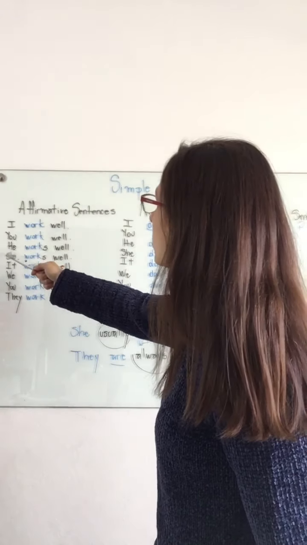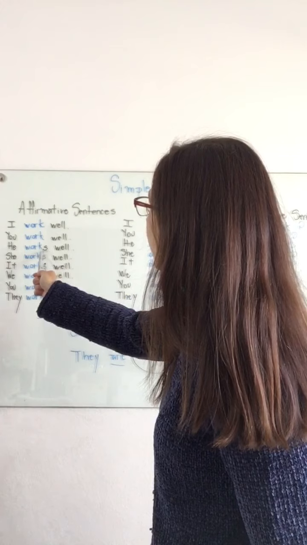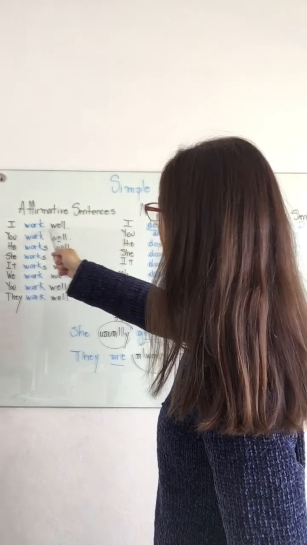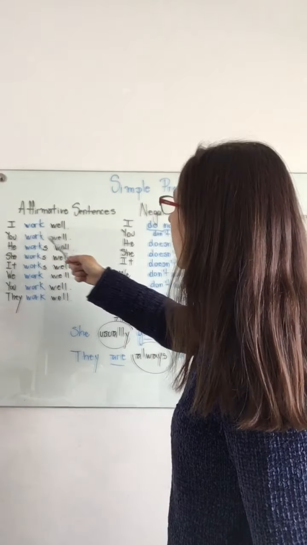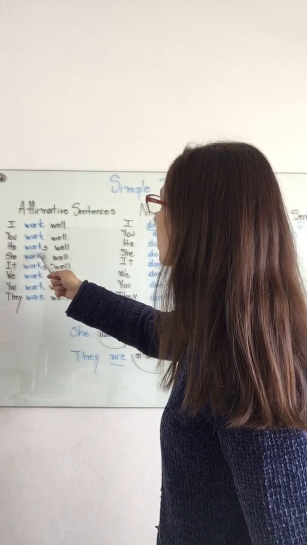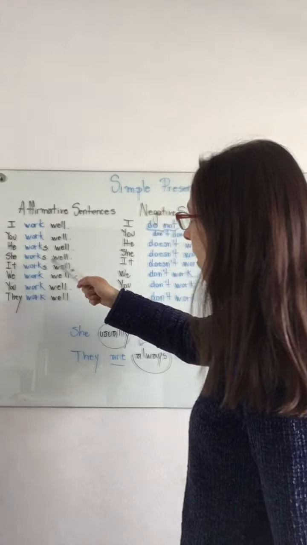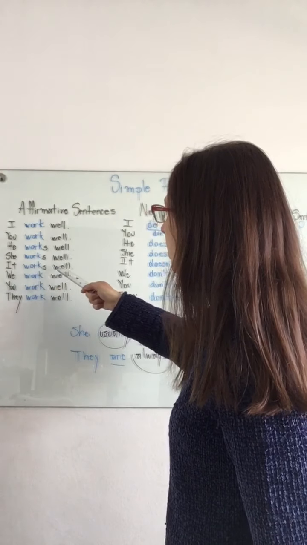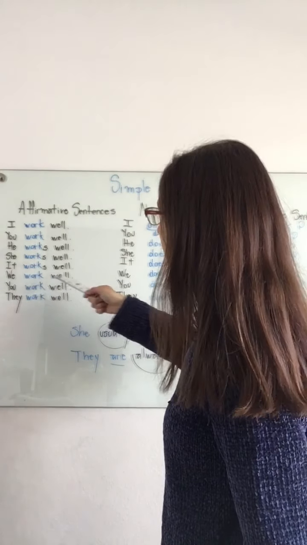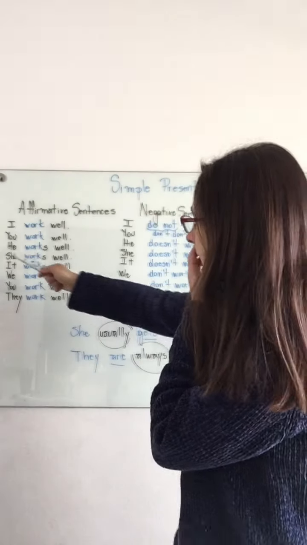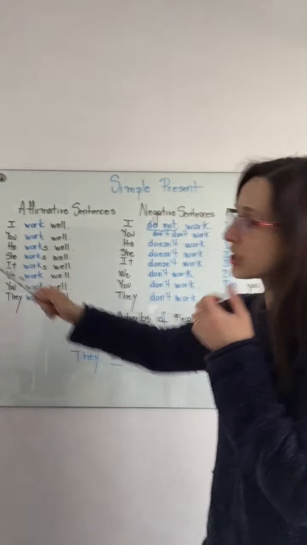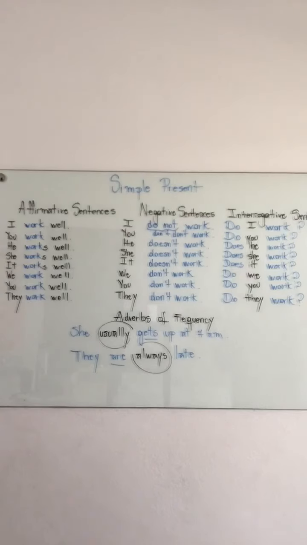In the case of he, she, it, we add s. So we say, I work well, you work well, but he works well. She works well. It works well. We work well, and so on. These are the subjects we have to remember.